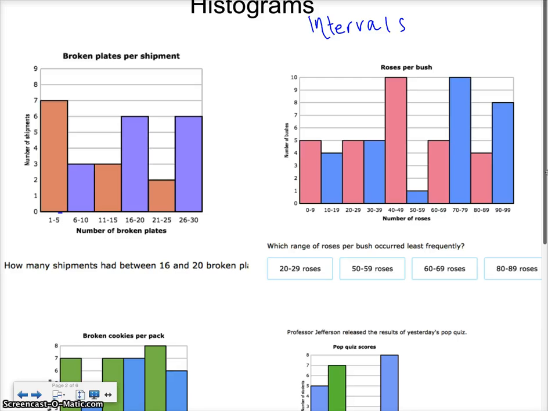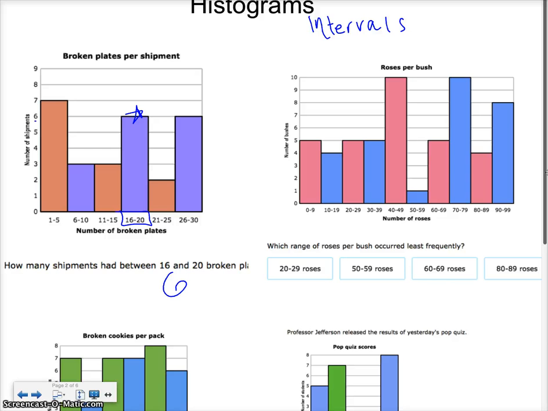The intervals are 1 to 5 broken, 6 to 10 broken, 11 to 15 broken, 16 to 20, etc. So they're intervals, they're not one particular number. So how many shipments have between 16 and 20 broken plates? So 16 to 20 is this interval, and I am at 6. 6 shipments have between 16 and 20 broken plates.